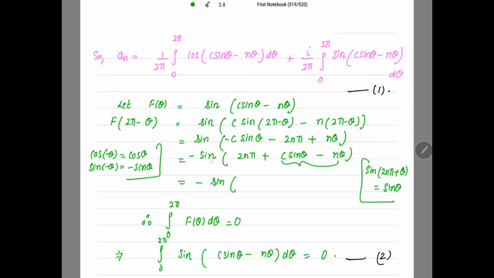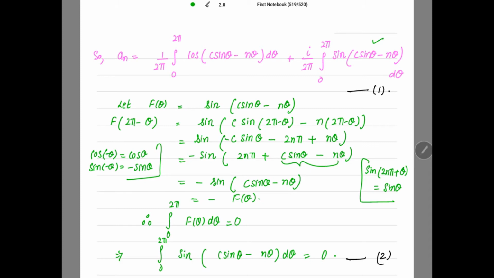So if this should be any angle, suppose, then that will be sine of this angle. So this is c sine theta minus n theta, right? So which is equal to minus, this is nothing but your f theta. So f of 2 pi minus theta comes out to be minus f theta. Hence, the second integral is 0. So this whole integral is 0.